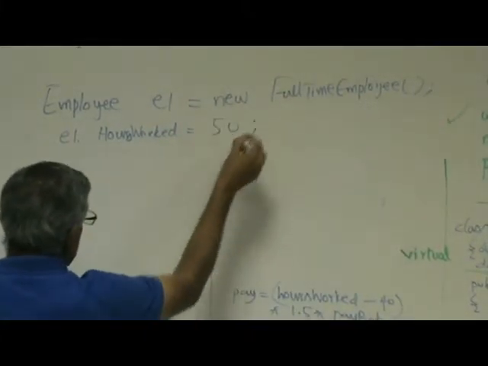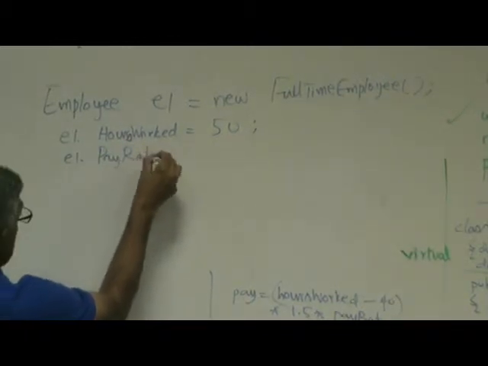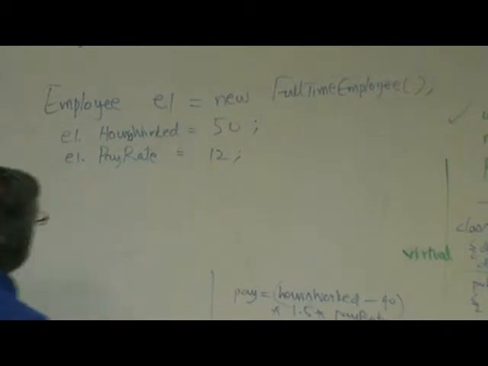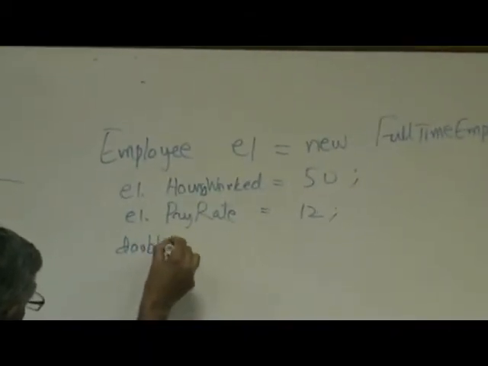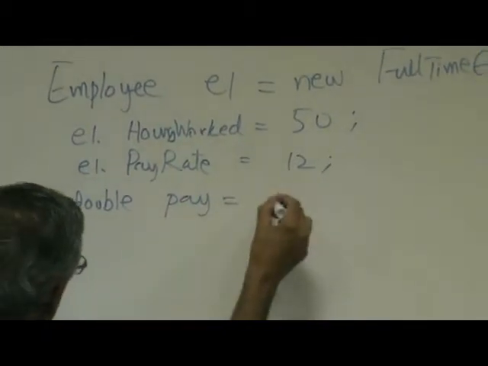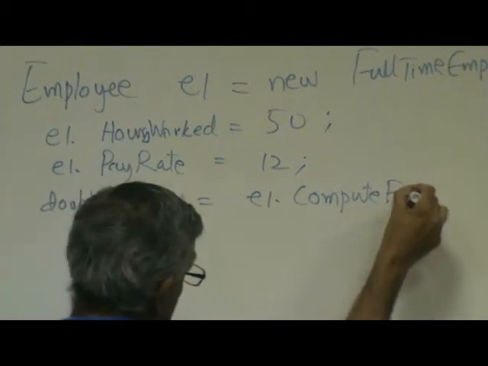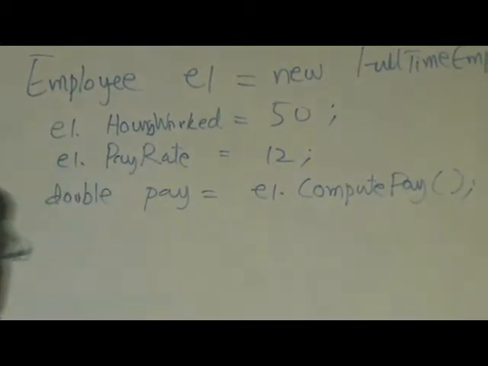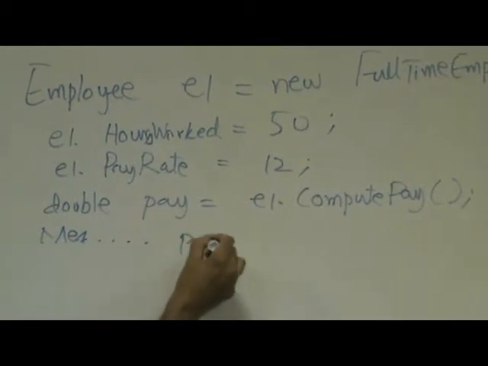E1 dot pay rate, say equal to 12, right? And double pay equal to E1 dot compute pay. And then message box dot show whatever pay dot toString.